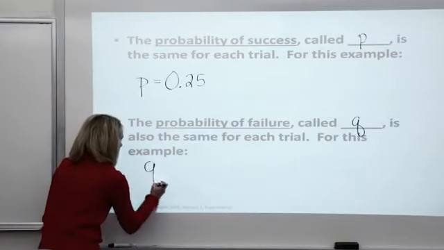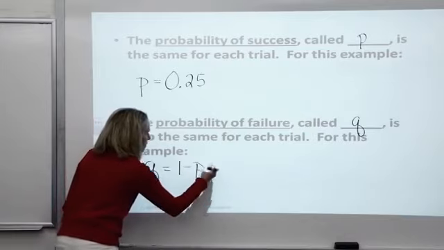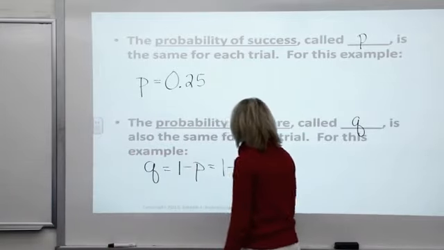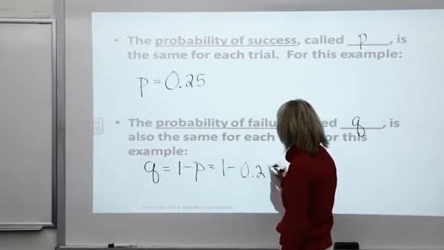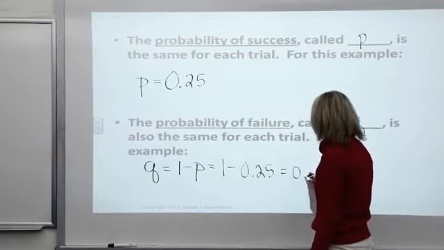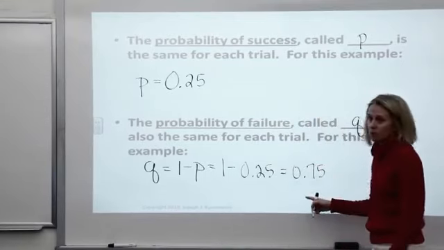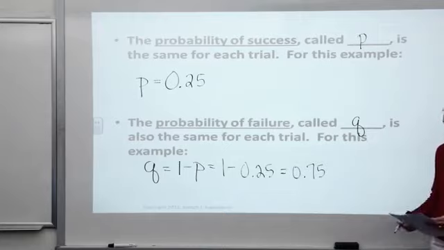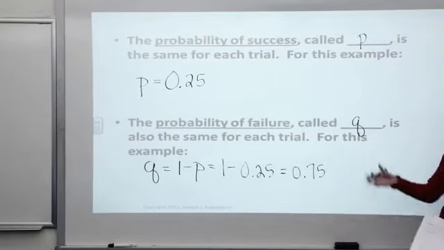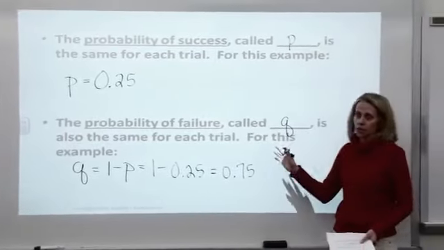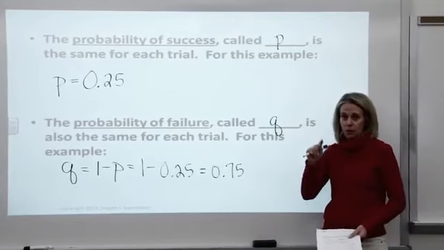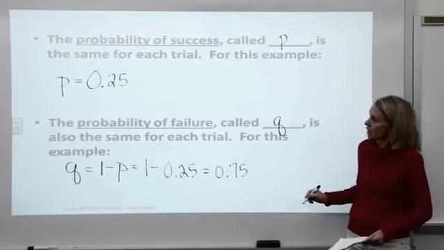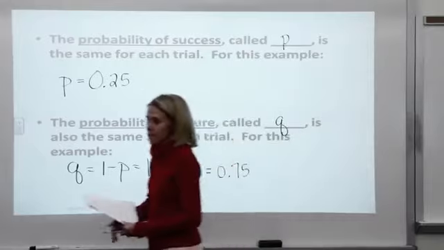So for this one, if there's a 25% chance of getting a parking spot, there's a 75% chance, or a probability of 0.75, of not getting a parking spot. That will always be true, that the probability of a failure and a probability of a success add up to 1, since those are the only two things that can happen. All right.